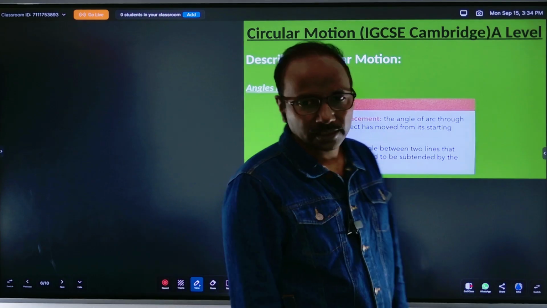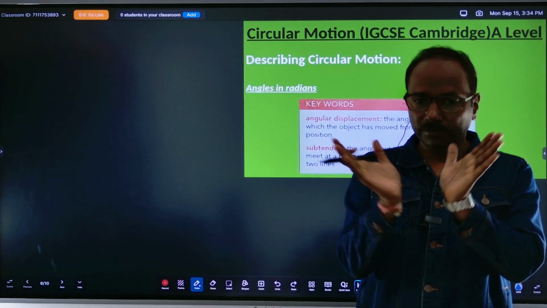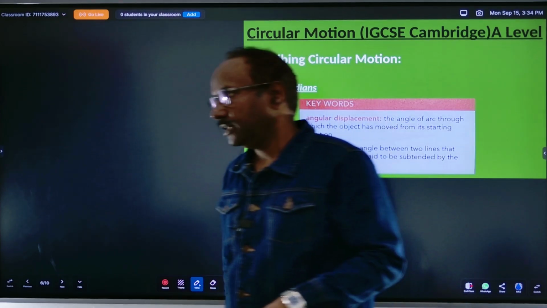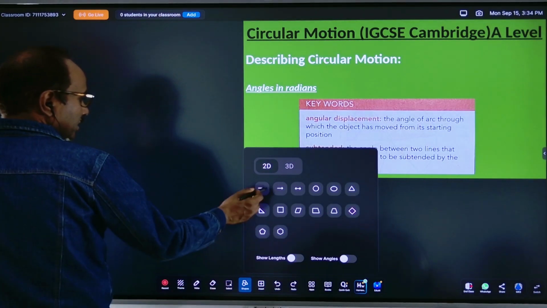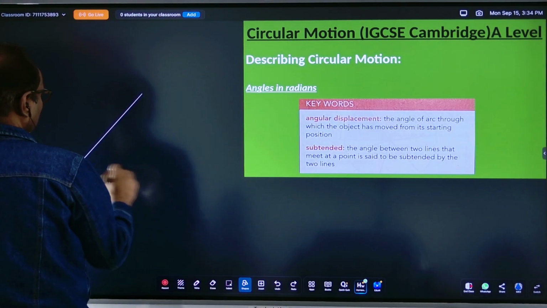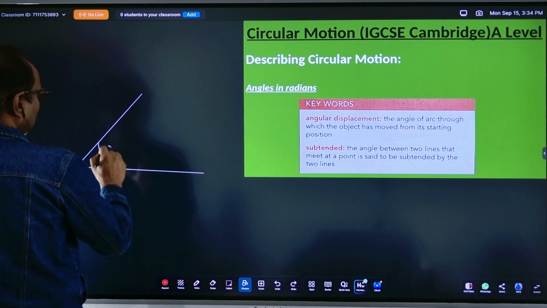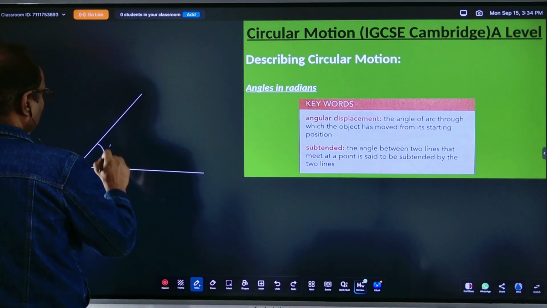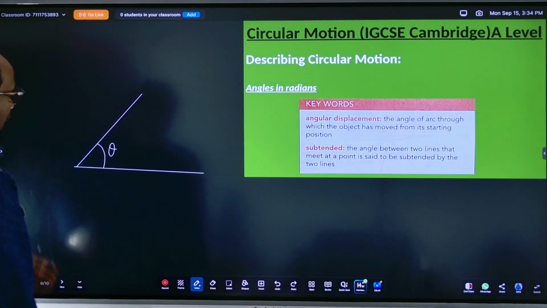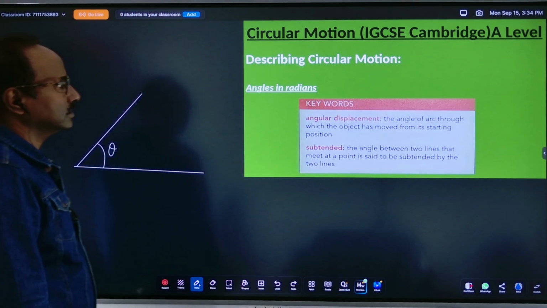And subtended is the angle between two lines, meaning when two lines meet, the angle which they make is called the angle subtended between the two lines.